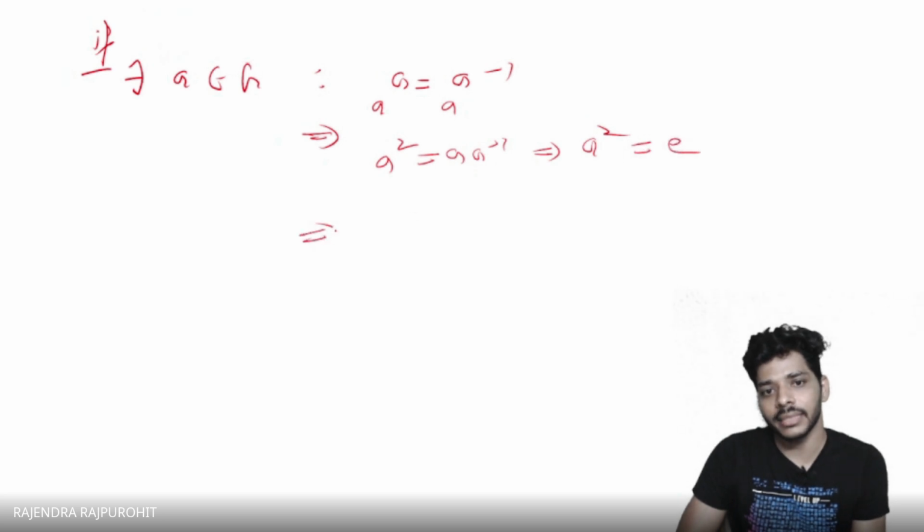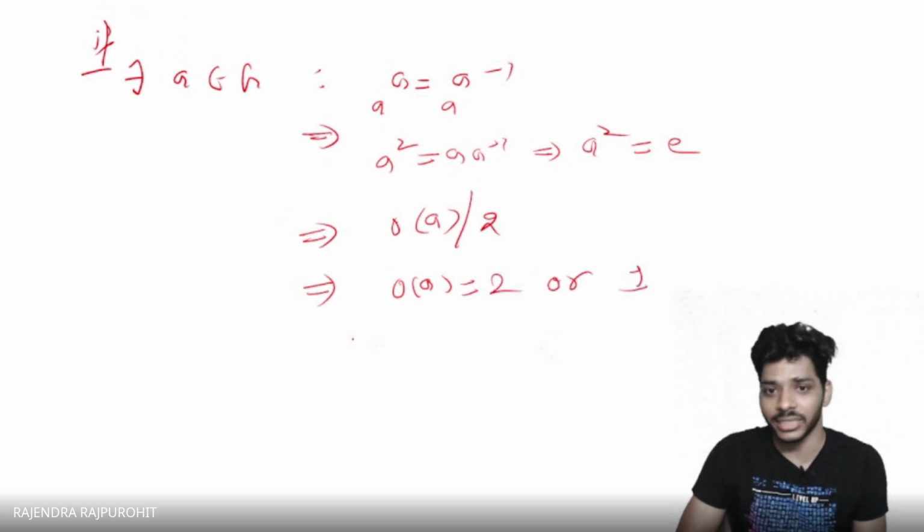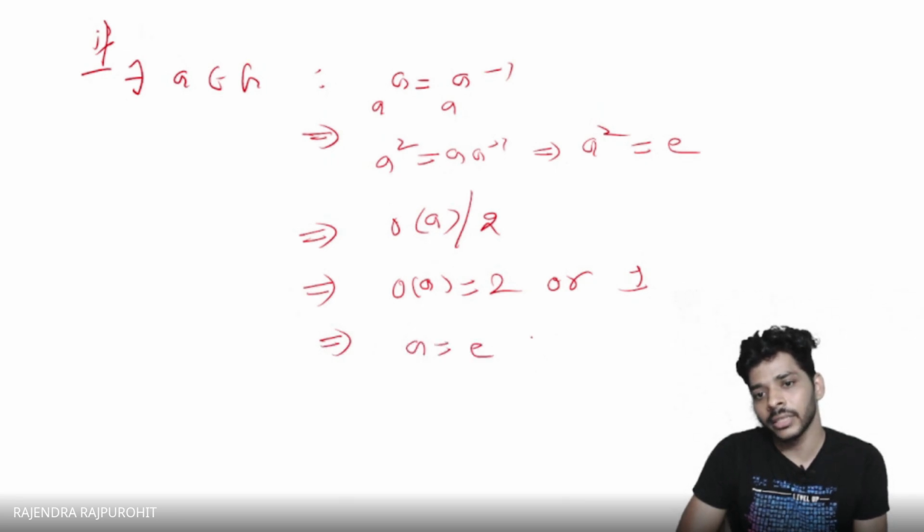This implies that the order of a divides 2, so the order of a is equal to 2 or 1, because there are only 2 divisors. This implies that either a is equal to identity or the order of a is 2.